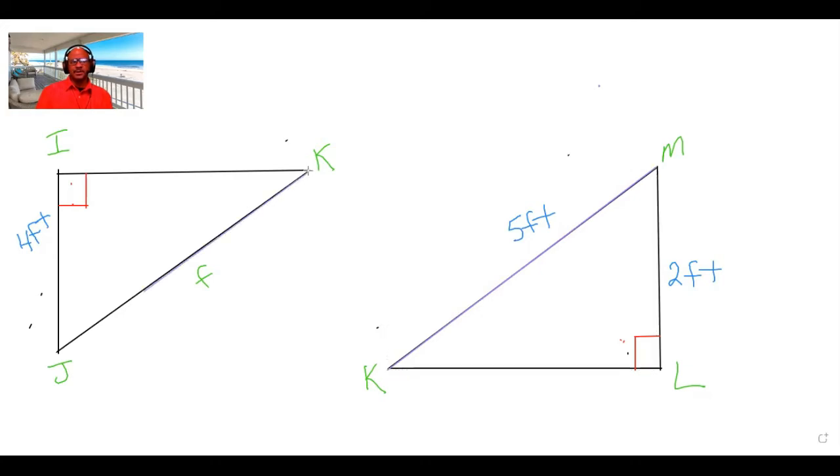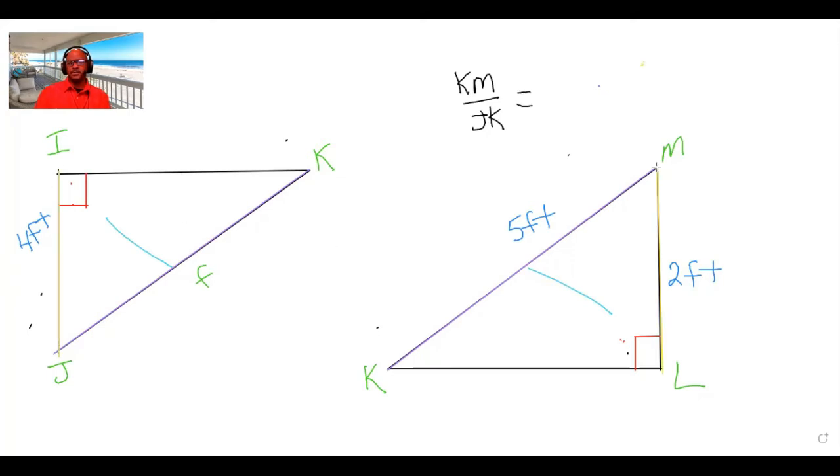And if you notice something that these two figures have in common, they both are right across from the 90-degree box here. You notice they're directly across. Okay, so you can see those are similar. So let me go ahead and write those out. Okay, so we have KM, right here, KM corresponds with JK.